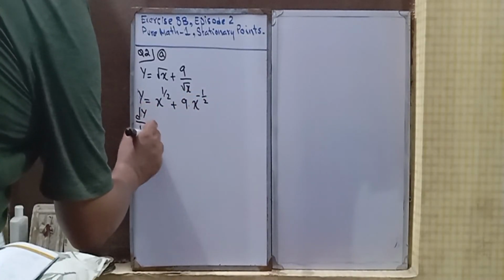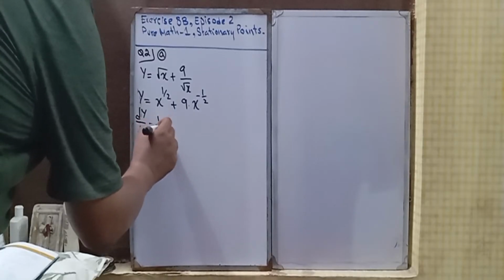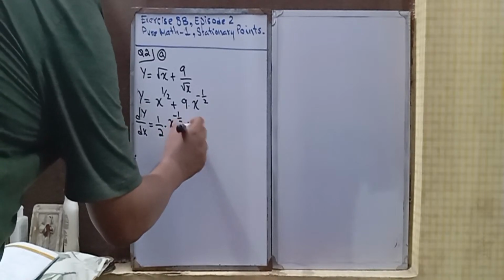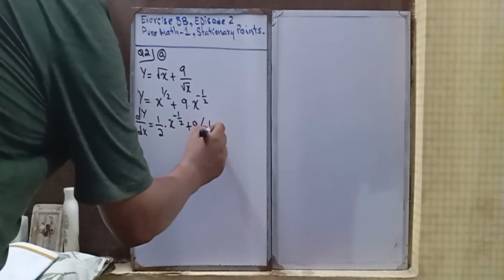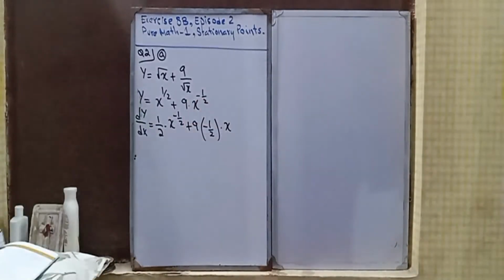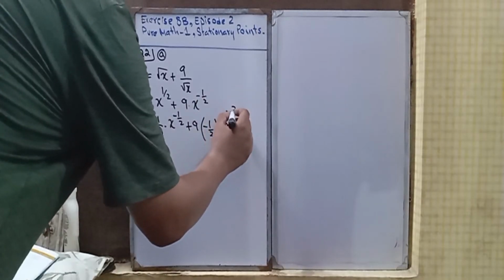dy by dx will be equal to 1 by 2 comes on the side x, and this will become minus 1 by 2, plus 9 times minus 1 by 2 comes on the side, and this becomes x raised to minus 1 by 2 minus 1, which is minus 3 by 2.